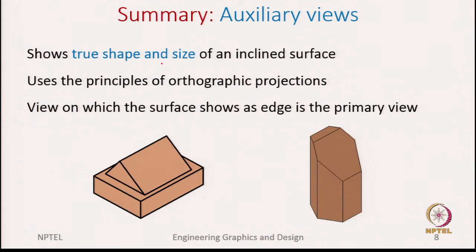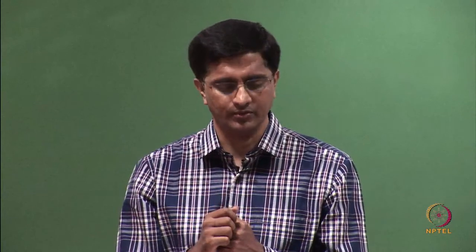So, in summary, what did we learn in this lecture? We said the principal views may not always capture the true shape and size, especially if your surface of interest is inclined. In those cases we need auxiliary views, where we define an auxiliary plane parallel to the surface of interest, and on this auxiliary plane we capture the auxiliary view.